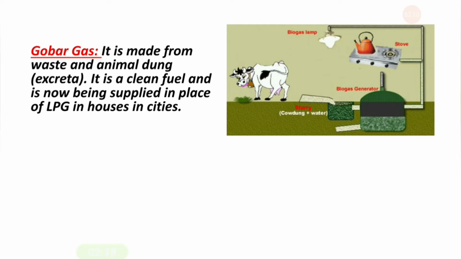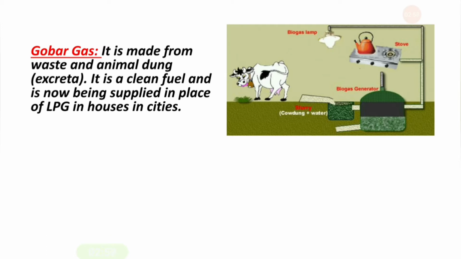It is a clean fuel because it does not produce any kind of pollution, and nowadays this kind of gobar gas fuel is supplied in different places of cities in place of LPG gas. So it is another option to LPG gas. It is also called a clean fuel.